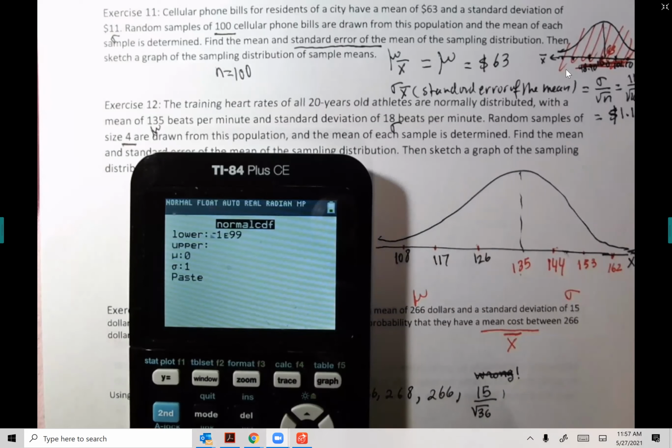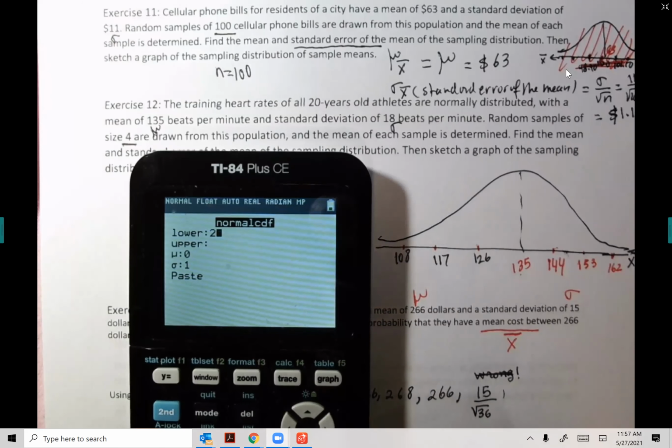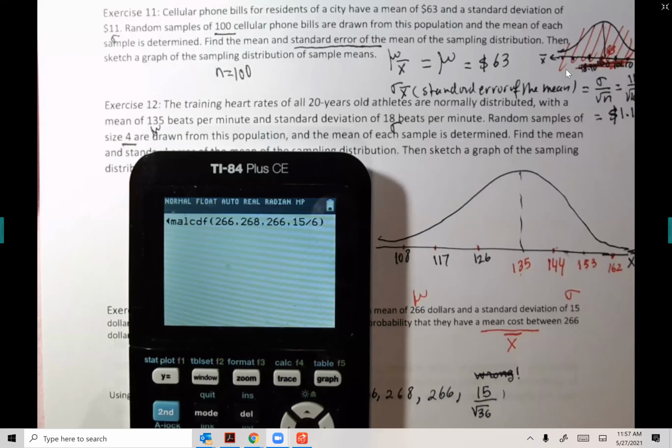It's still the normal CDF. 266, 268, 266 for the mean. And here you put 15 divided by the square root of 36. You can put 6 if you want, because the square root of 36 is that. If you put 15, it's going to give you the wrong answer. There you go, 0.2881.